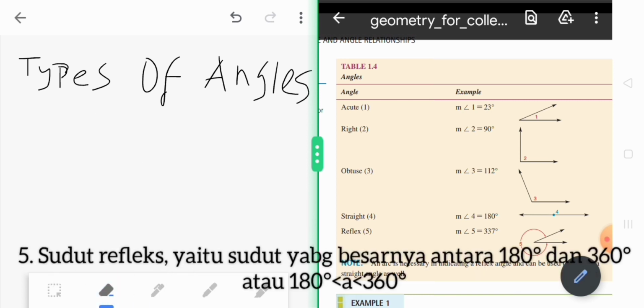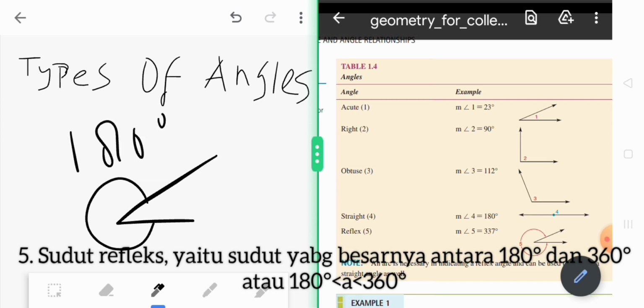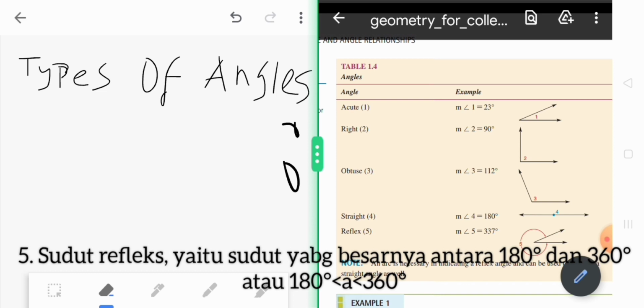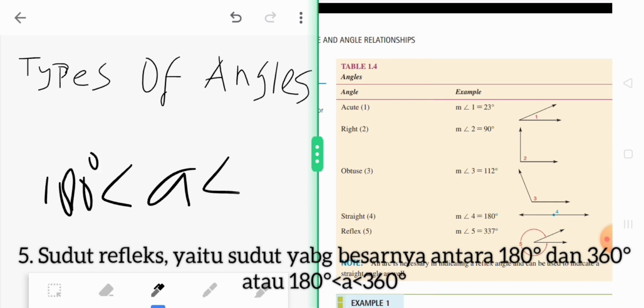5. Reflex angle. Reflex angle, an angle between 180 degrees and 360 degrees, or 180 degrees less than A less than 360 degrees.